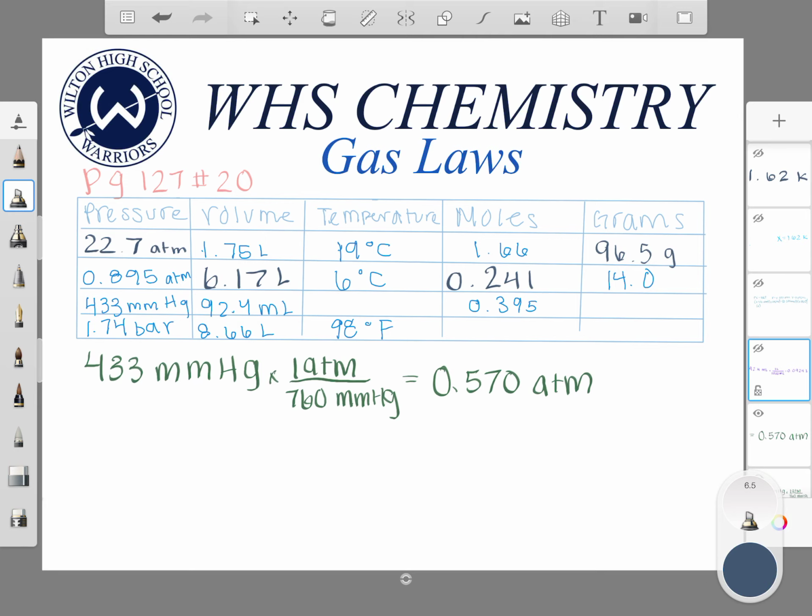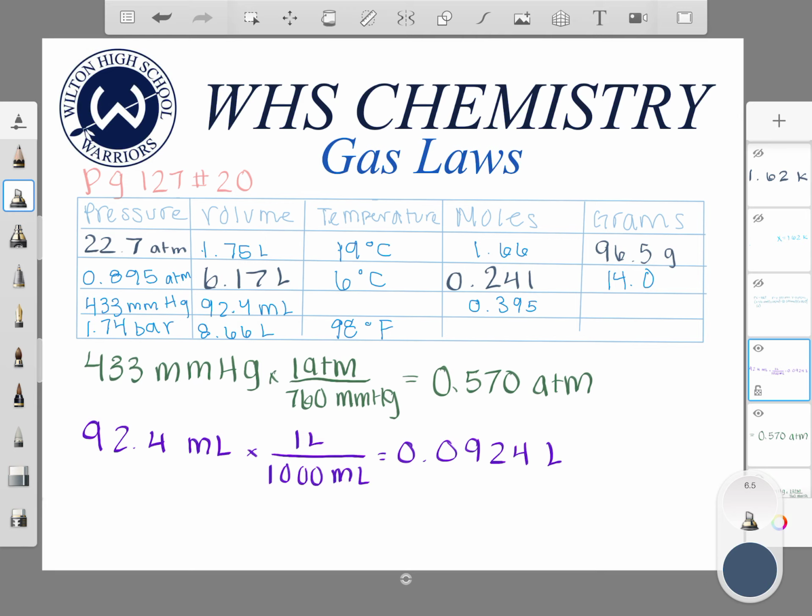So then next, we're going to have to convert the milliliters to liters. That's a tricky one because sometimes you don't notice and it just looks like liters or something, so just be really careful with volume, because that can really trick you. So again, we just use the conversion factor, dimensional analysis, and get 0.0924 liters.